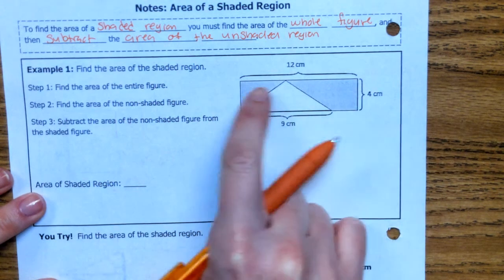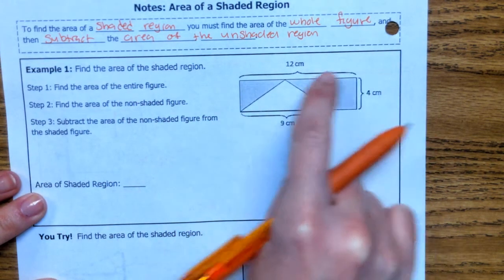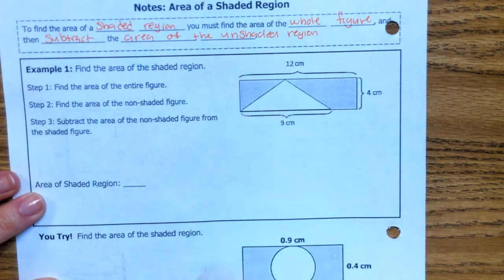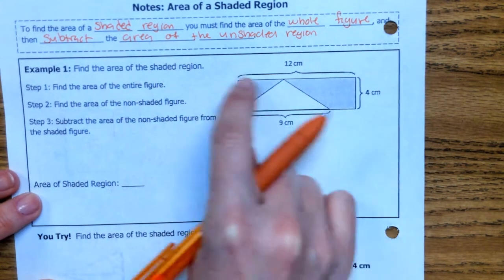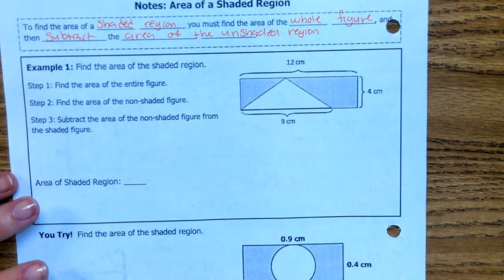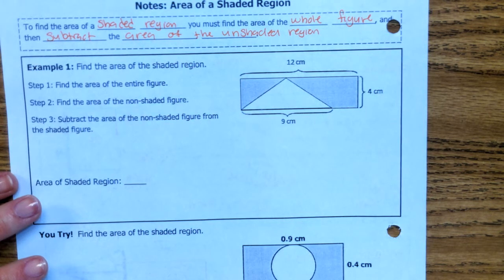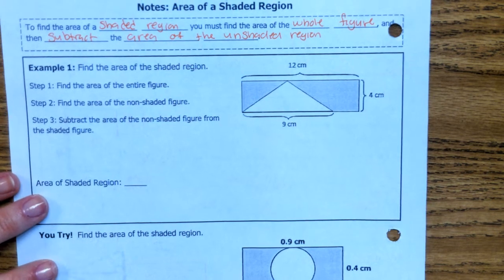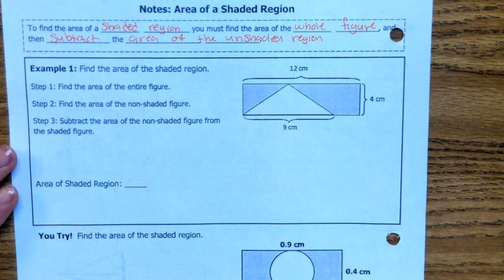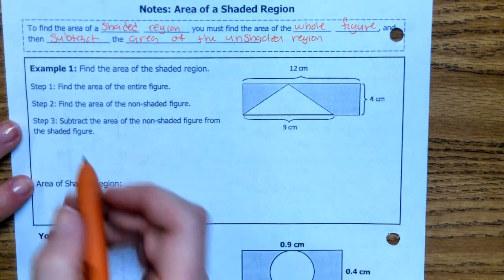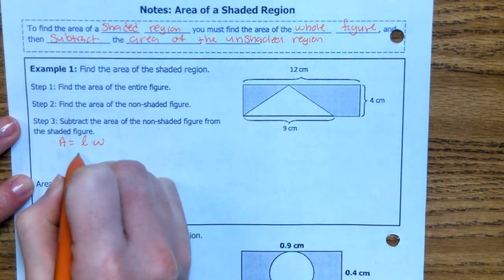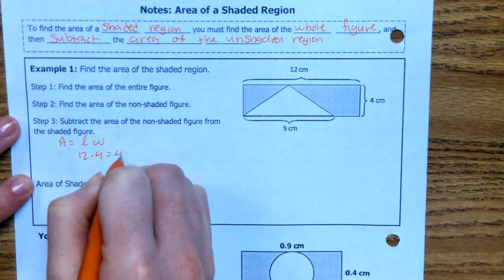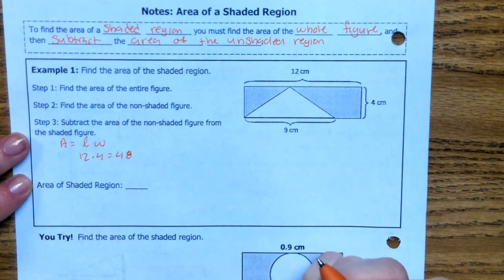So if I'm looking for this gray shaded region, there is a rectangle here with a triangle that has been removed. So we find the area of the rectangle, we subtract out the area of the triangle. My whole figure, the area is the length times the width, so 12 times 4. That's the whole shape.